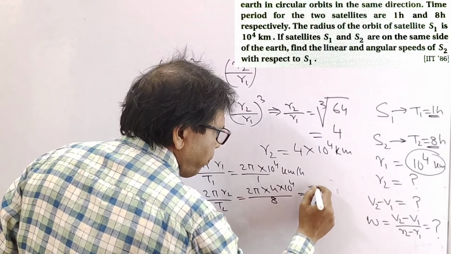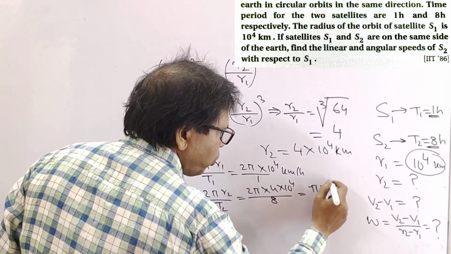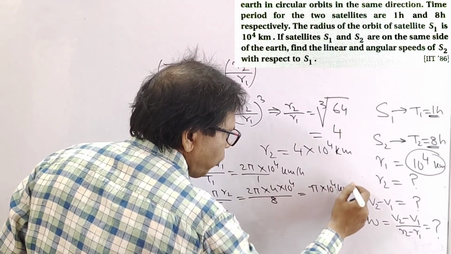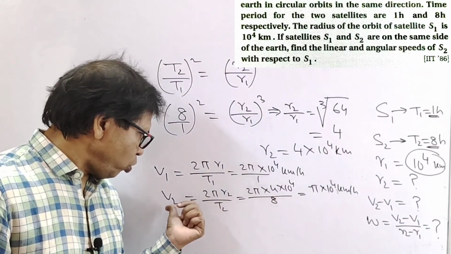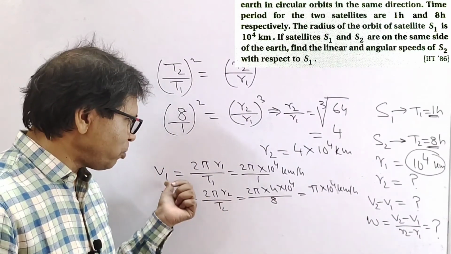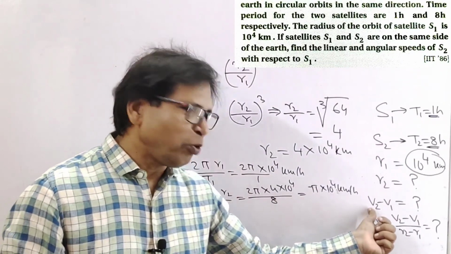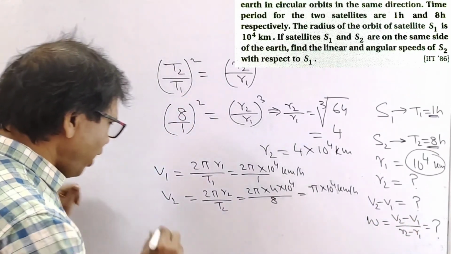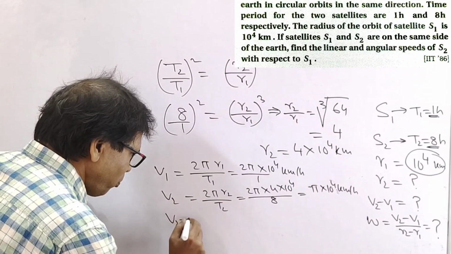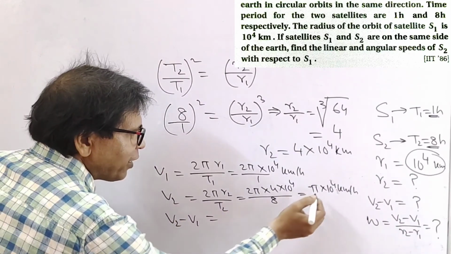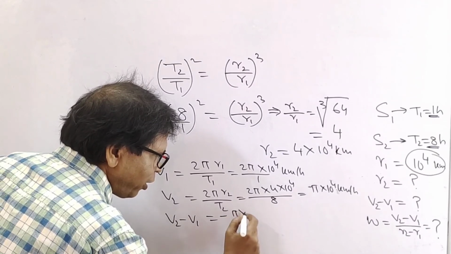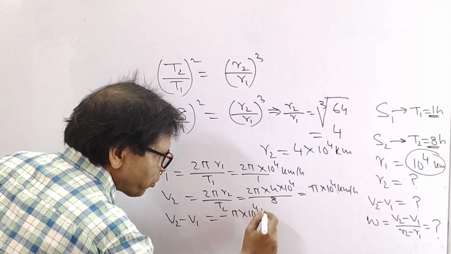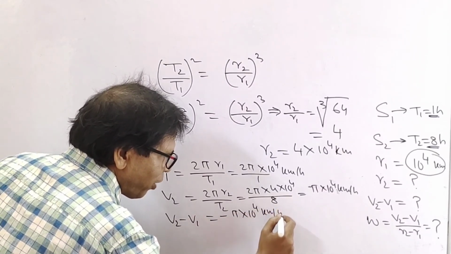So this is pi into 10 to the power 4 kilometer per hour. Now we have to calculate the velocity of S2 with respect to S1, that is V2 minus V1. So look at this minus this. So this is minus pi into 10 to the power 4 kilometer per hour.